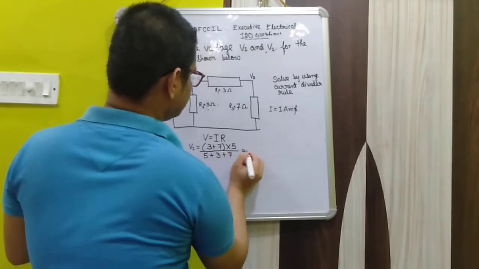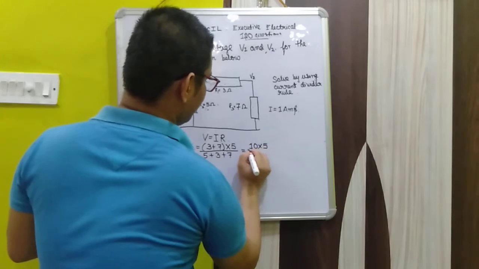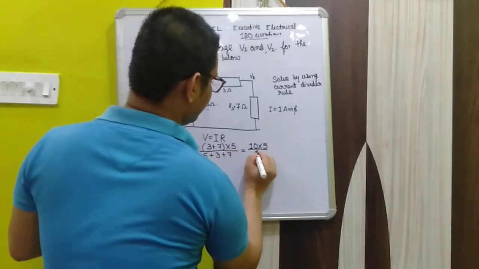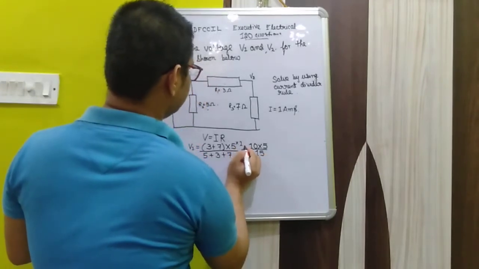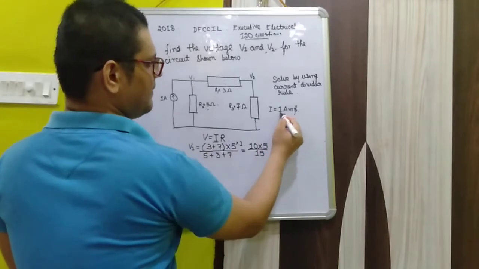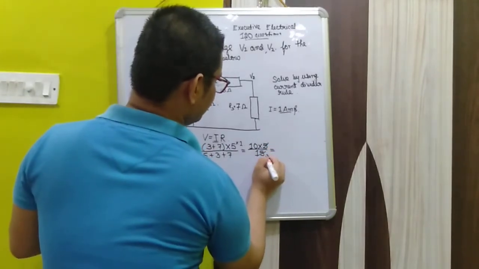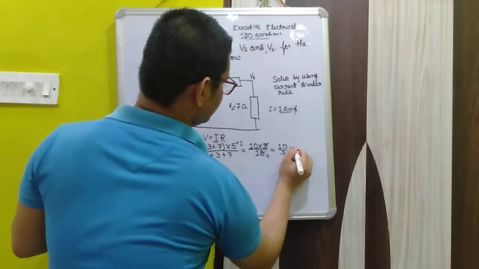So this is 10 into 5 divided by 15. And we take it into 1, I'm sorry I missed this one. 1 is nothing but the current, that is 1 ampere. So if we calculate here, it will be 10 by 3 volt.